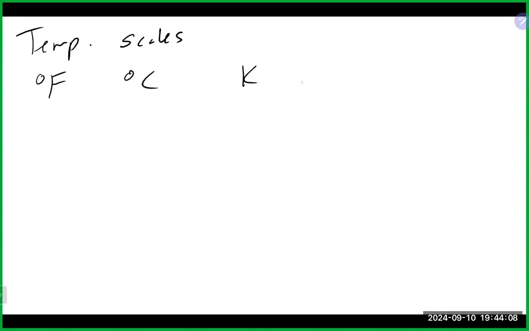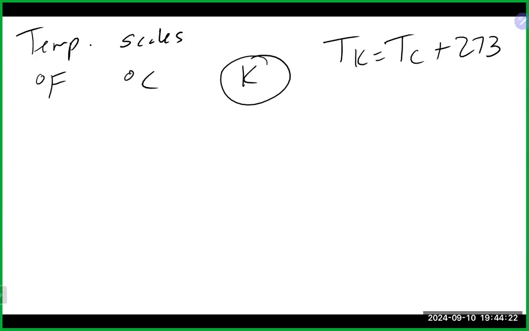To go between these, there are all these things. There's some different ways. I would say most of the time, temperature in chemistry needs to be in Kelvin. Pretty much you're going from Celsius to Kelvin. So the temperature in Kelvin is equal to the temperature in Celsius plus 273. The correct number is 273.15, but most people drop the 0.15.